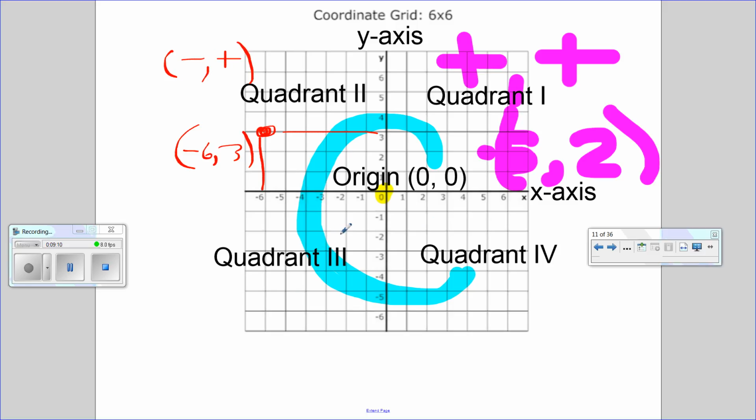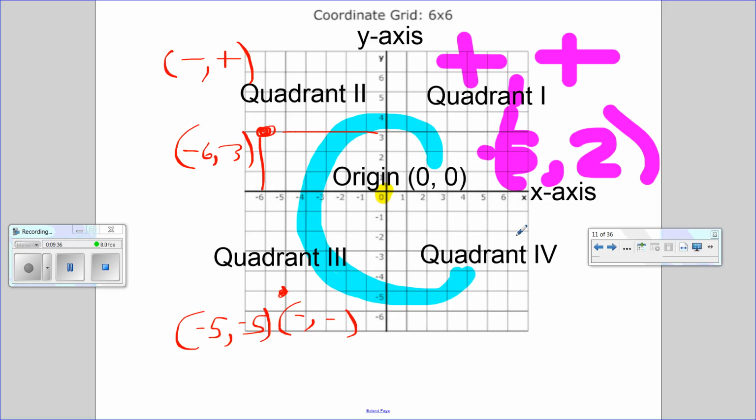In quadrant 3, let's look at this one right here. So starting at 0, I go over -5 on the x-axis, and the y-axis is -5. So it's (-5, -5). What can you tell me about numbers in ordered pairs in quadrant 3? They're both going to be negative, negative. And last but not least, we have quadrant 4.